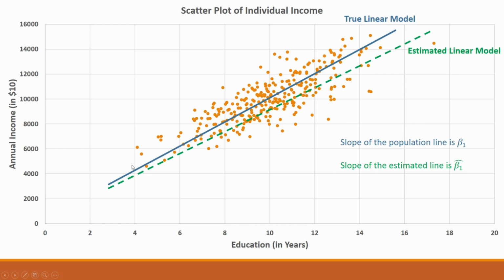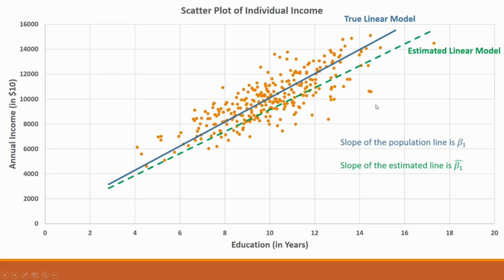You remember, we've got some true linear model, some true population line, a regression function that is the true linear relationship between the dependent variable and the independent variable. And then we're going to have some estimated line, which may or may not be a good estimate of the true line.